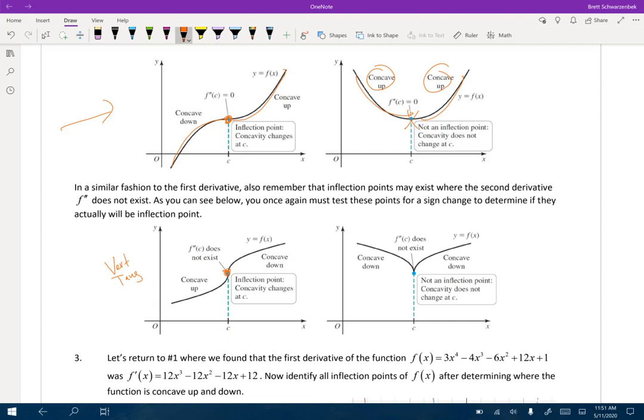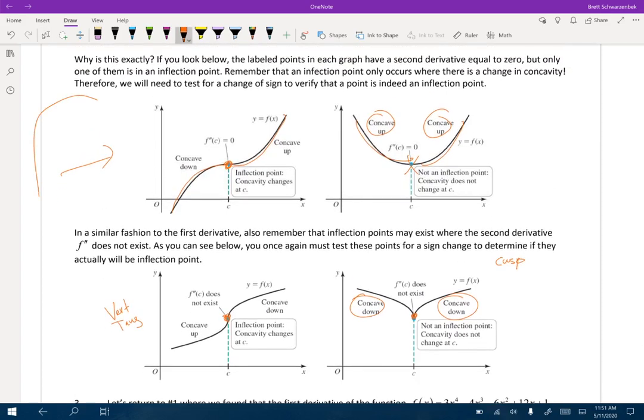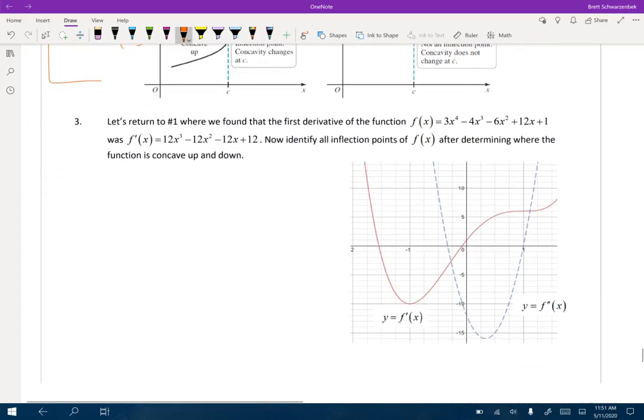But if you go over here, this is an example of a cusp. At this value, again, the second derivative is not going to exist, but because we're going from down to down, it's not an inflection point. So you have to take a look at this as a whole and see that one doesn't always necessarily lead to the other. You always have to check concavity. You always have to make sure you're finding where the second derivative exists and does not exist.